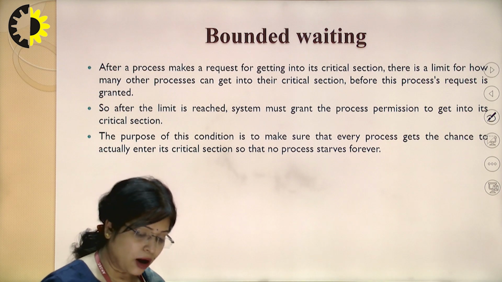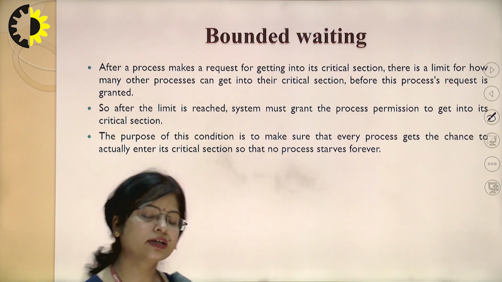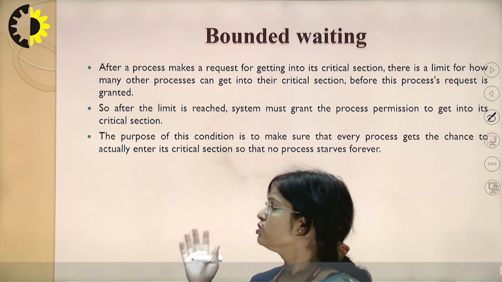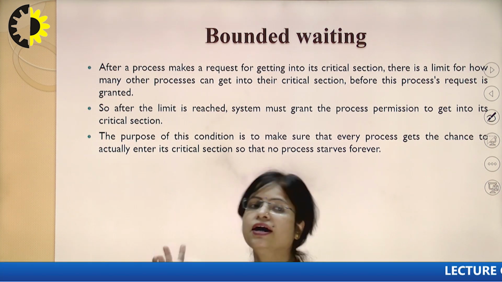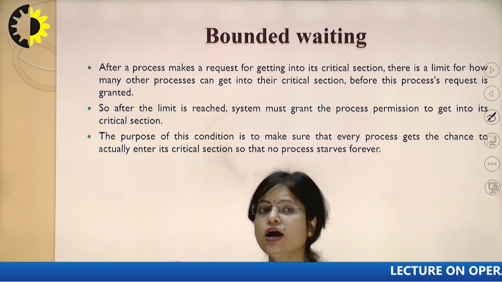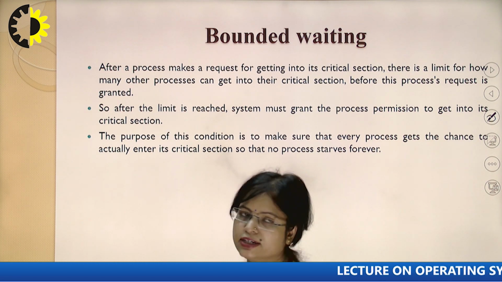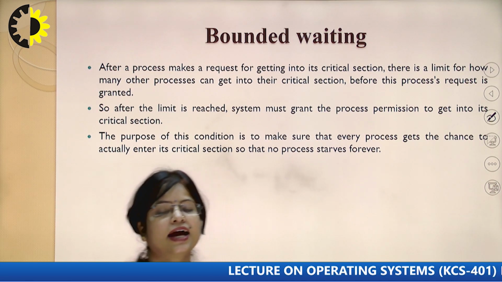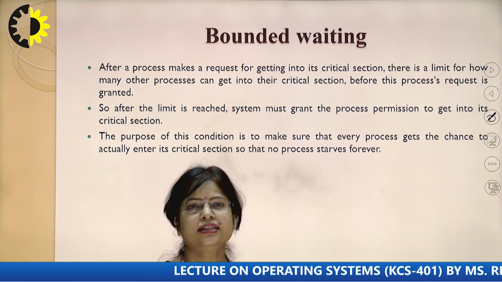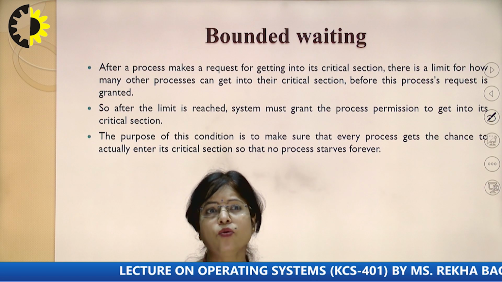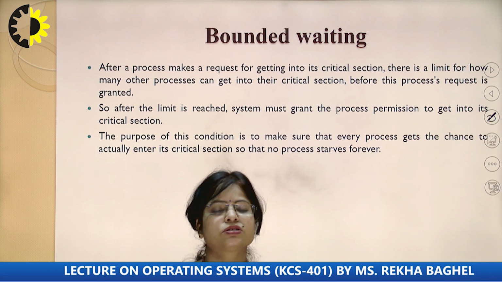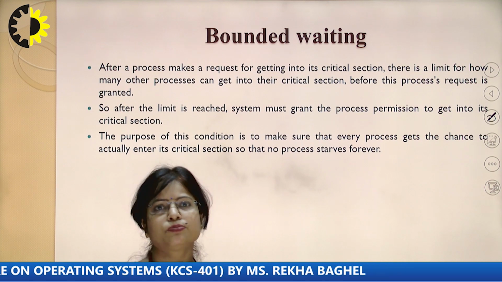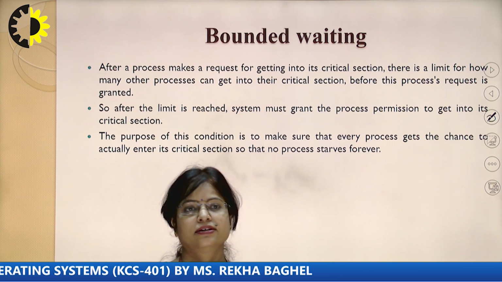Bounded waiting is the secondary condition. Secondary means it is not mandatory but it is desirable to apply. Bounded waiting means after a process makes a request to get into the critical section, there is a limit on how many other processes can get into the critical section before this process's request is granted.